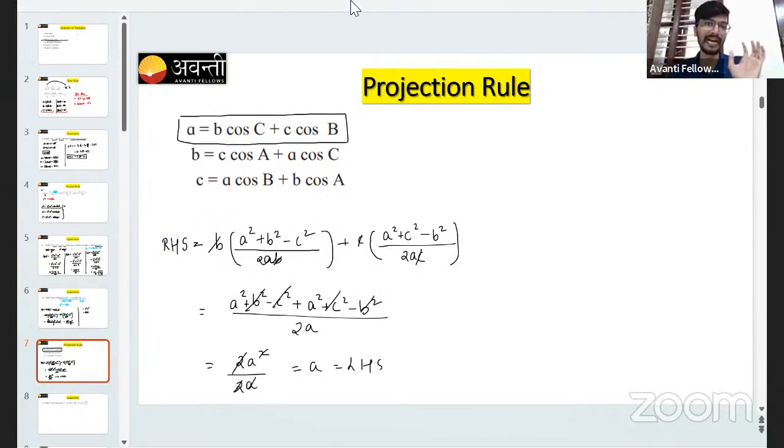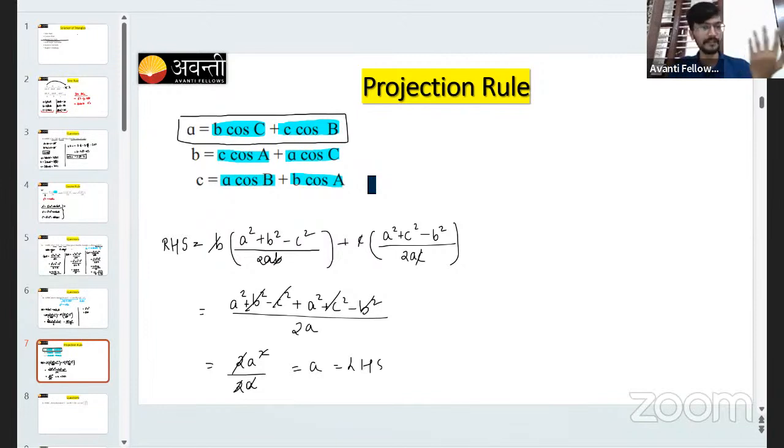So what I do is I simply remember these formats: B cos C, C cos B; C cos A, A cos C; A cos B, B cos A. So if the question shows these formats, meaning side B with angle C, B cos C, C cos B, C cos A, A cos C, and the last one, A cos B, B cos A, then I can think of using the projection rule.